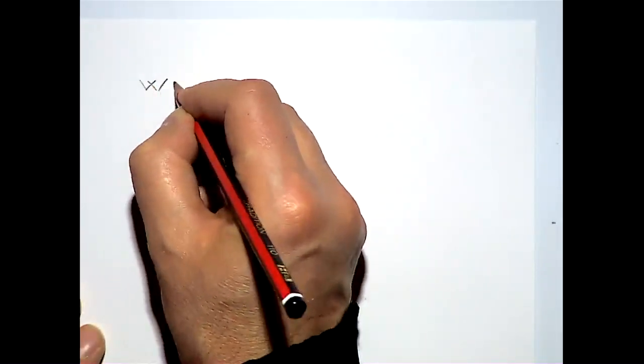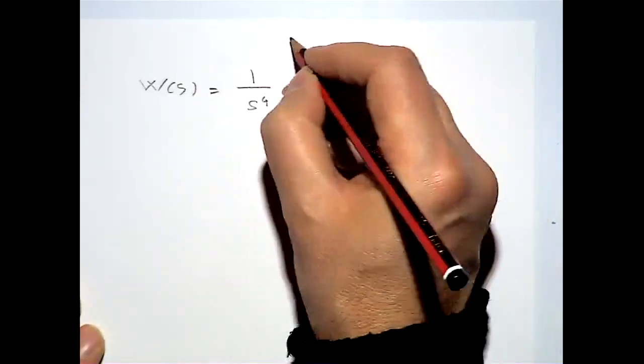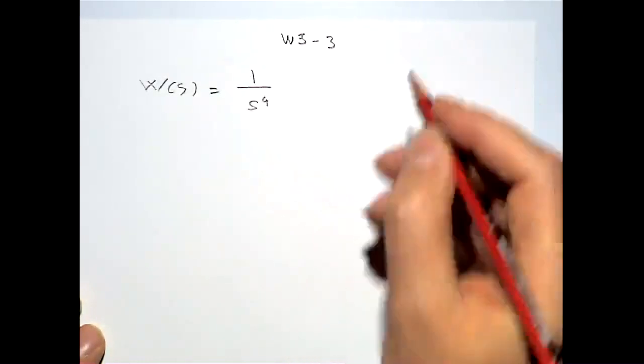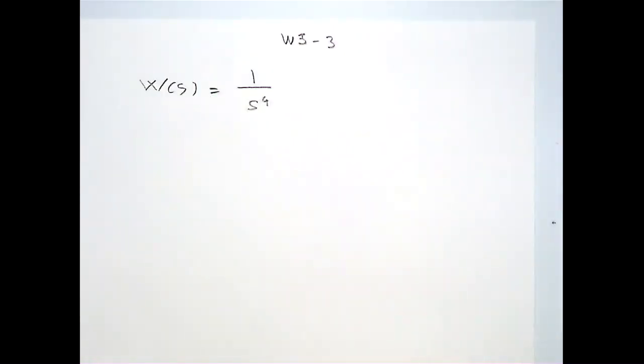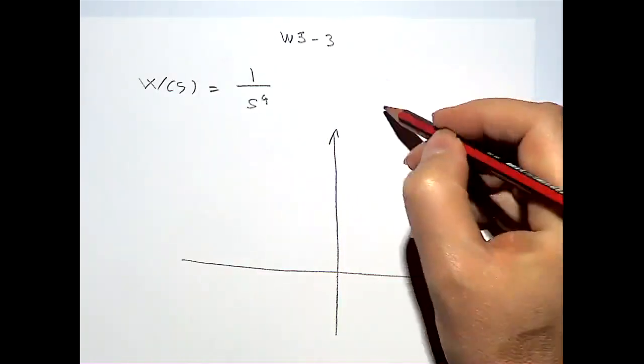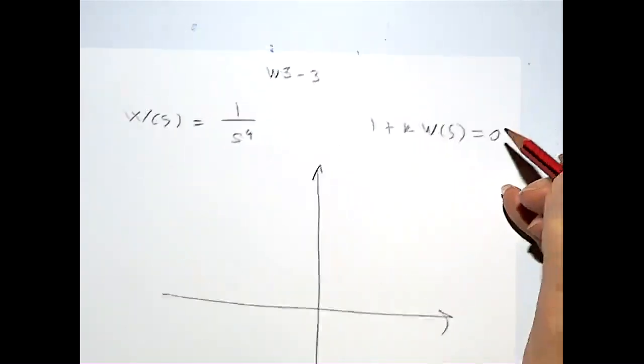Suppose that W of S is 1 over S to the power 4. What will we do here? I'm looking at 1 plus k W of S equals 0, right?